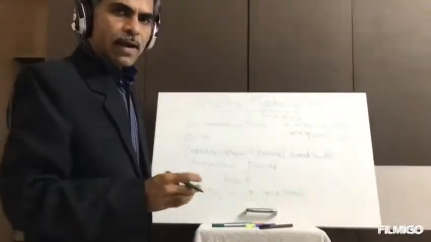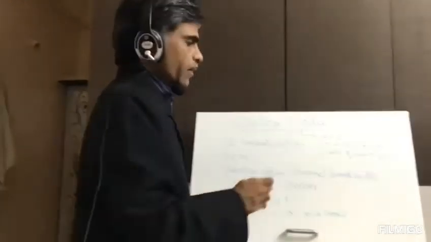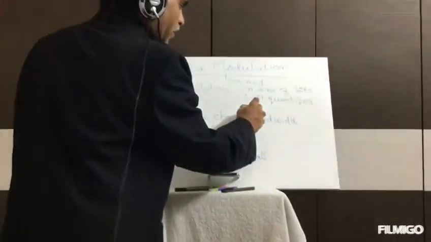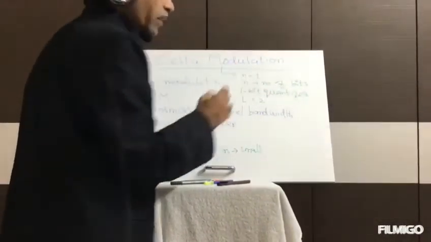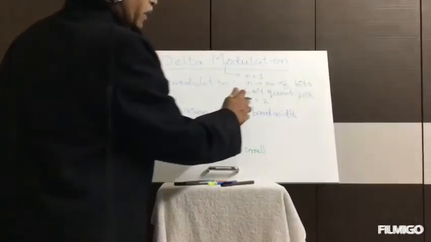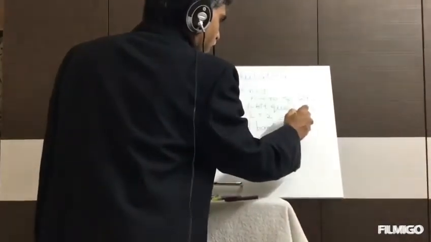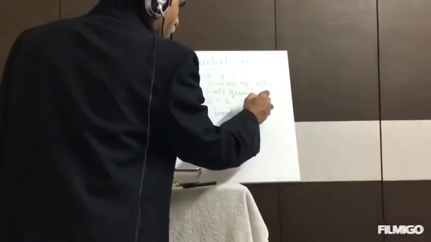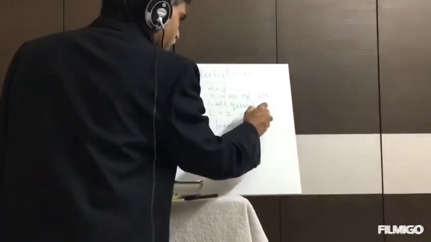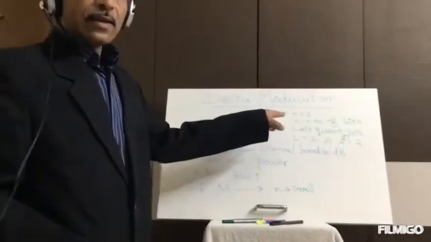And how many quantization levels are there? The quantization levels, which we represent by L, is equal to 2 here. Then obviously 2 power 1 equal to 2, where that 1 is nothing but the number of bits n.